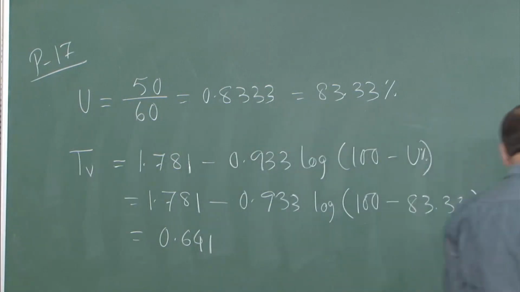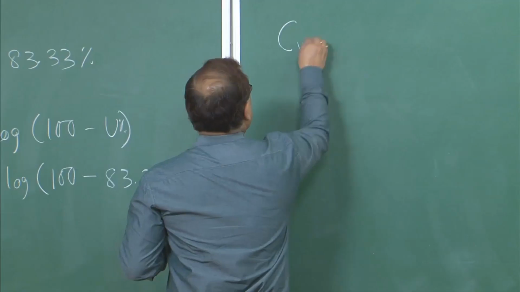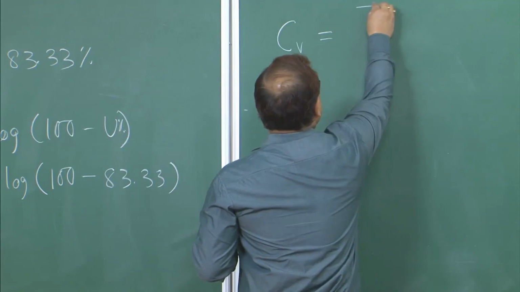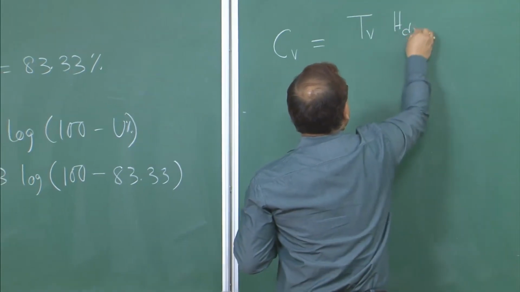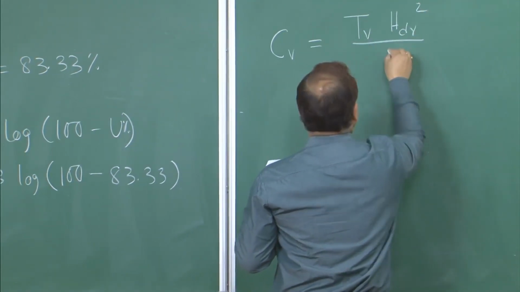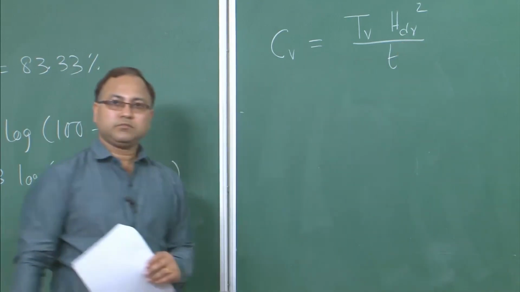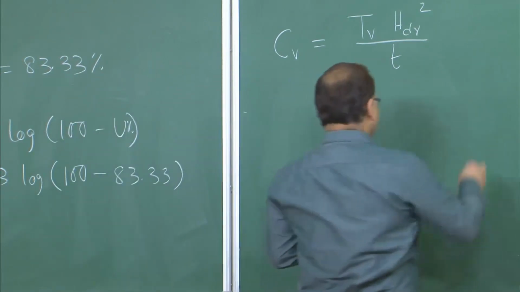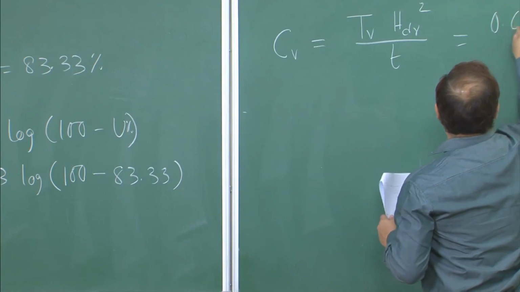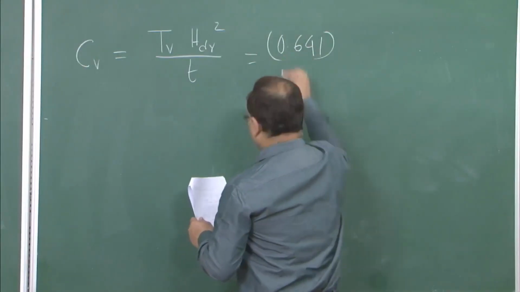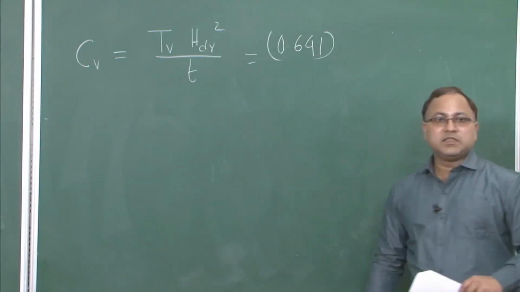So, once you know TV, you can find out CV, which is nothing but TV times HDR square by T. TV you have just now calculated as 0.641. Now, what is HDR square?